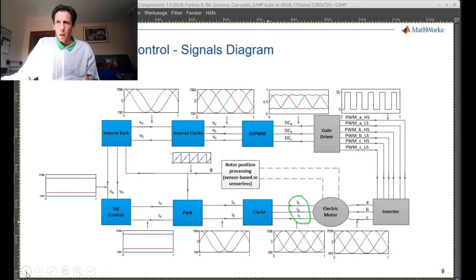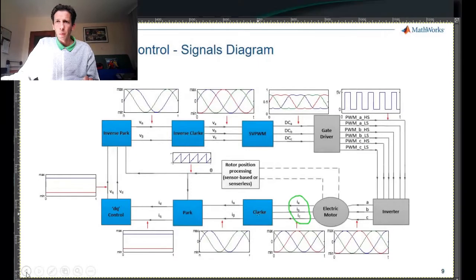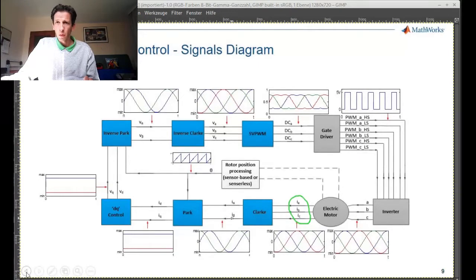Then we have the traditional 3-phase sine wave pattern. Then we do what's called a Clarke transformation, which transforms it to a 2-phase system. So here you can see 2 sine waves offset by 90 degrees, and that is already like the D and Q components, just in a rotating frame.